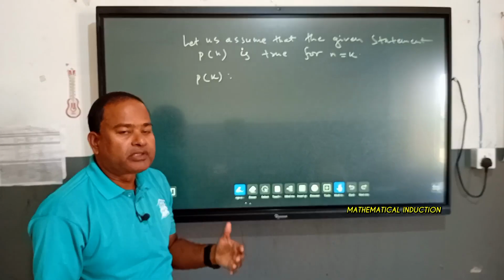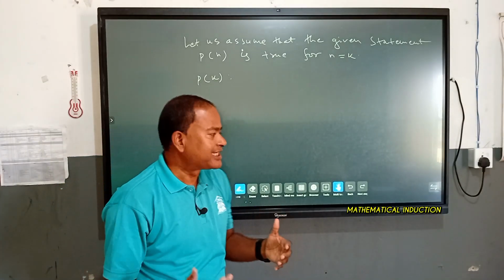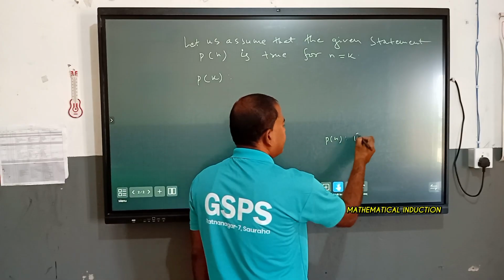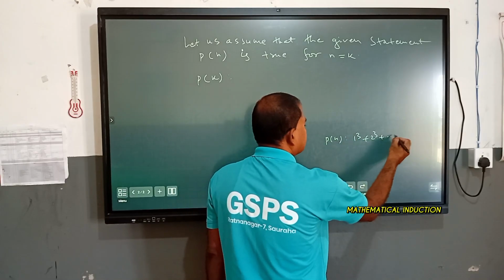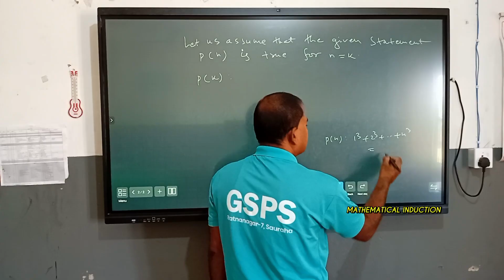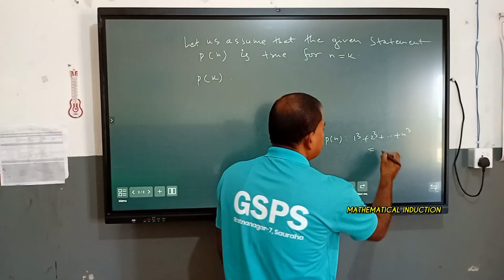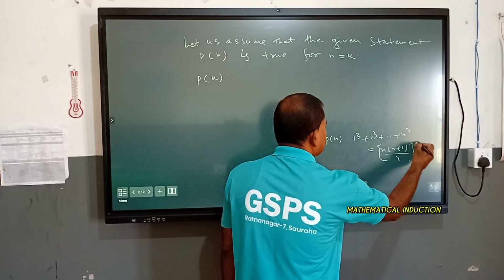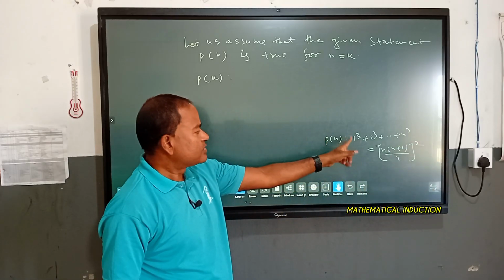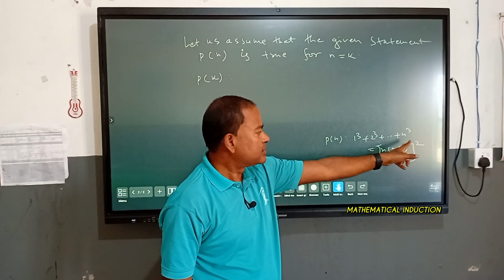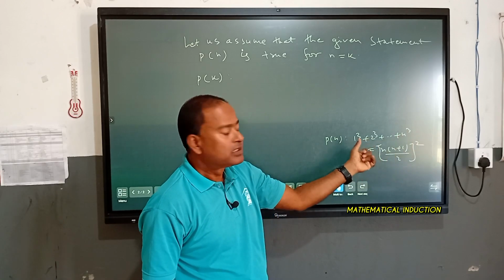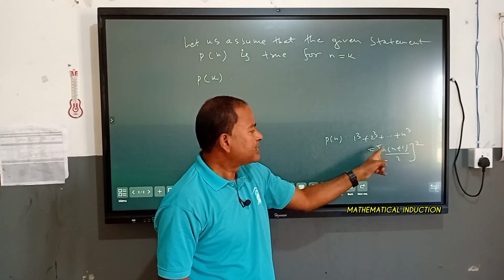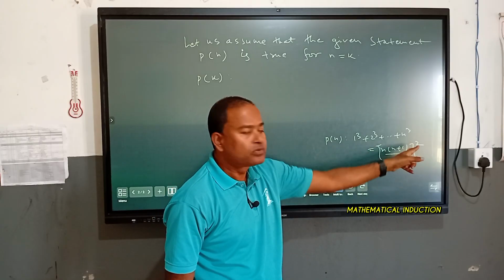So now if we put the value n equals k in our given statement, our given statement is 1 cube plus 2 cube plus dot dot dot plus n cube, that means the sum of the cubes of the first n natural numbers is equal to n times n plus 1 over 2 whole square.